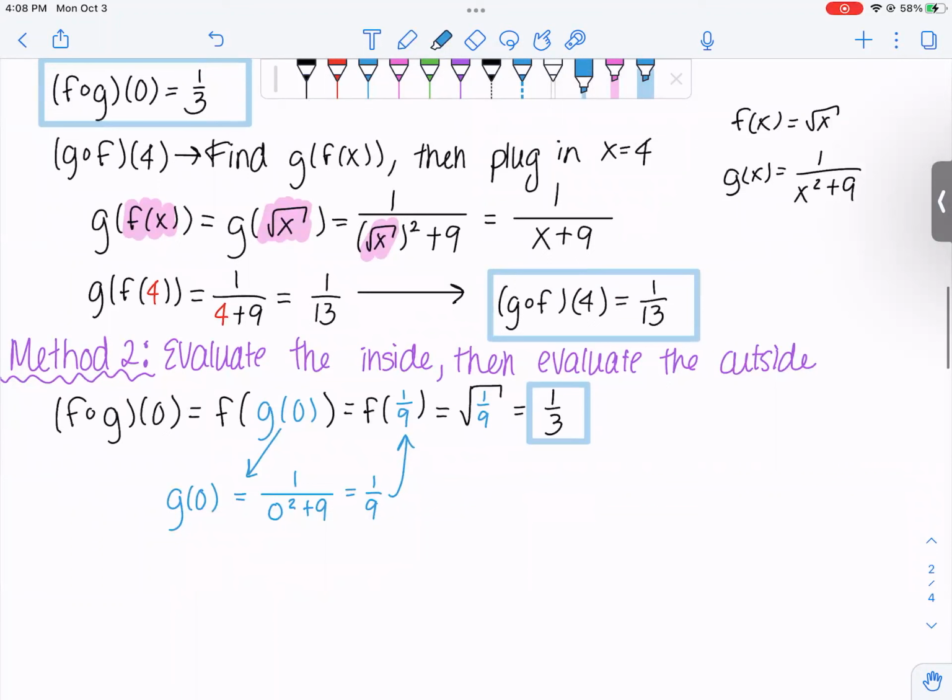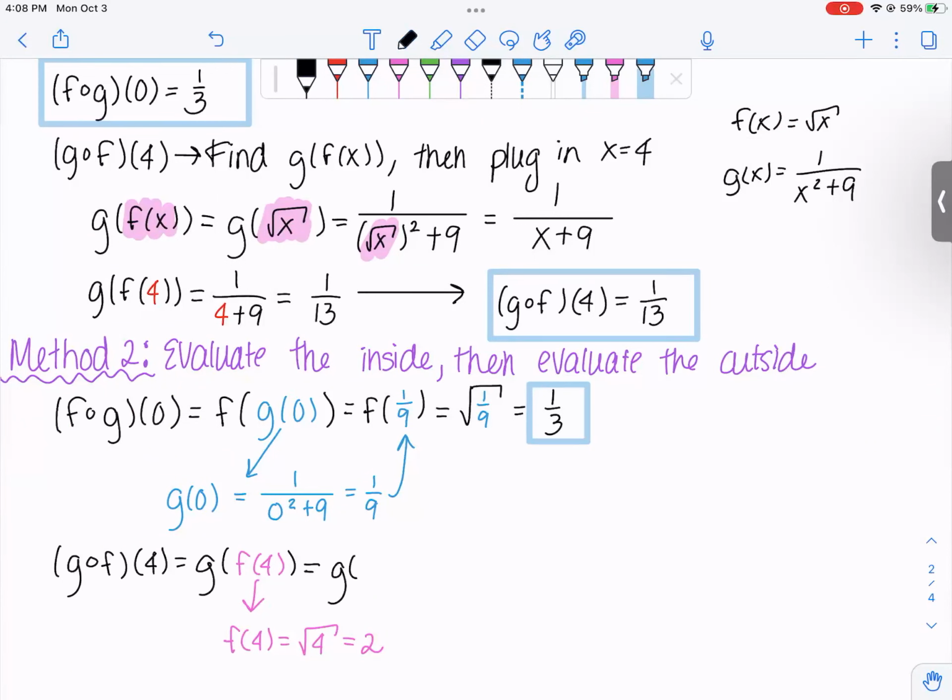One more time, let's do it with g of f of 4. G composed with f of 4. The way this one would work, we're taking g of f of 4. F of 4 is plugging 4 into this function up here, the square root of x. So we have the square root of 4, which is 2. So we are replacing f of 4 with 2.